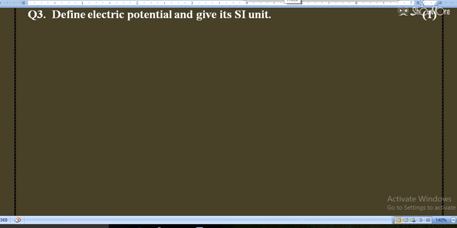In this session we are going to discuss the five questions that were asked in the unit test, and that belongs to the physics portion. There were two 1 mark questions, so 1 plus 1, and two 2 marks questions, so 2 plus 2, and one question was of 3 marks.